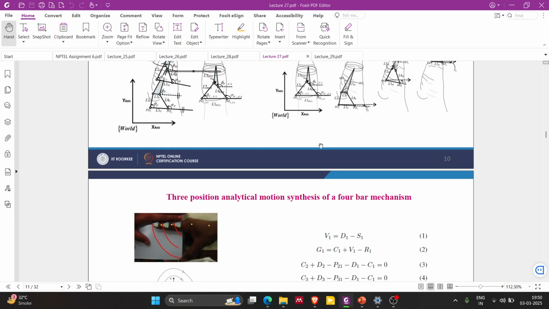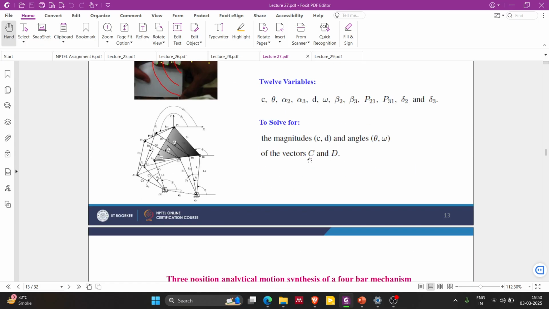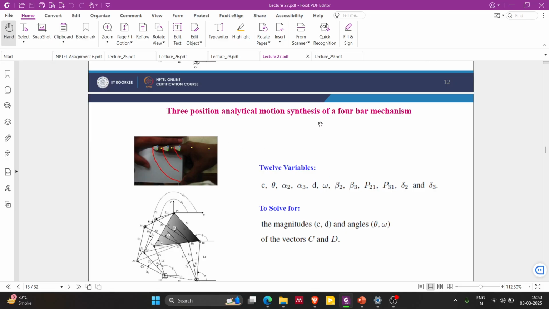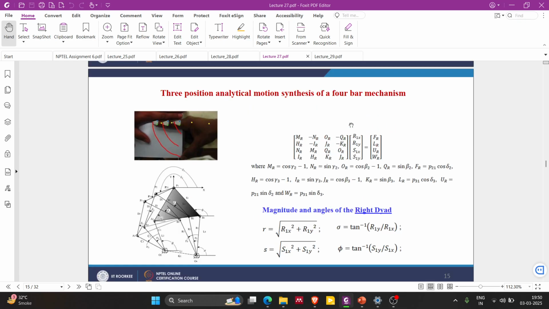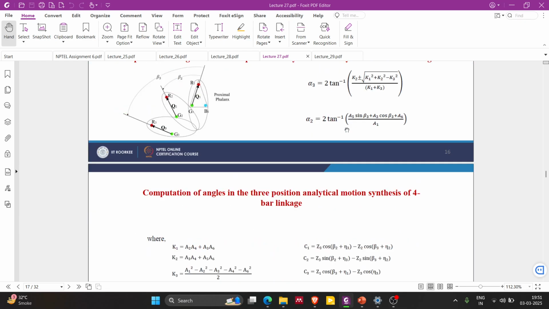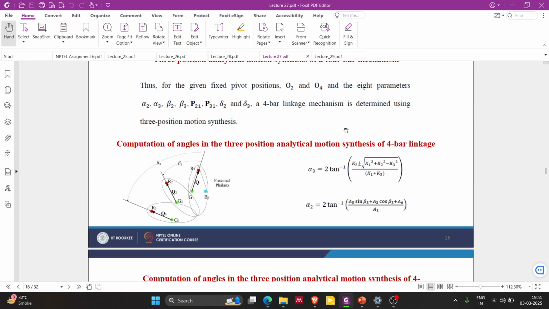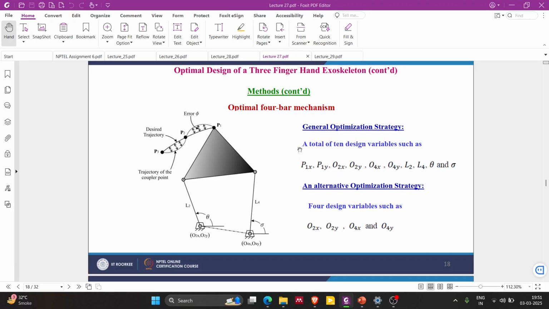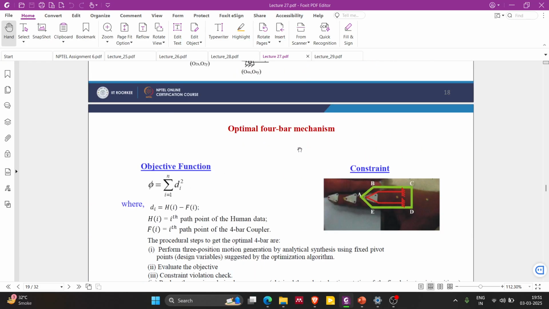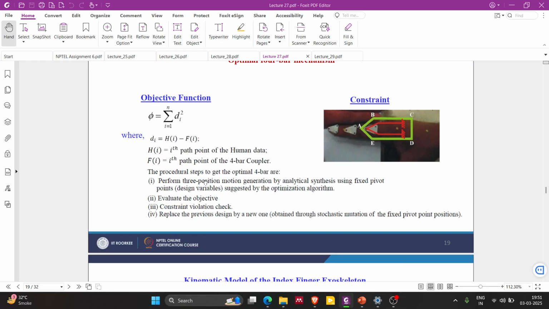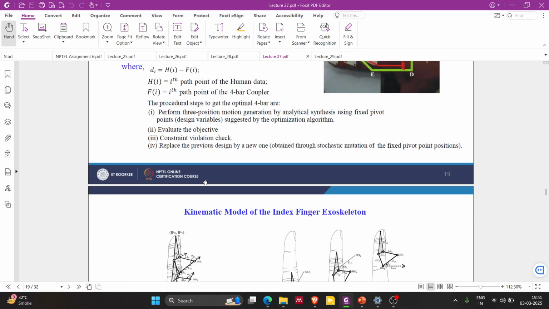So using vision, basically the position of the mechanism for a four-bar mechanism. Yeah, I think you will find this here: the optimal 4-bar mechanism. For this, you need to dig deep.